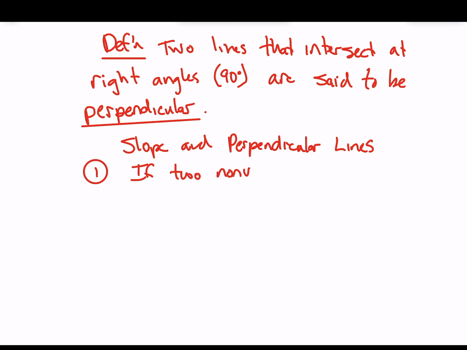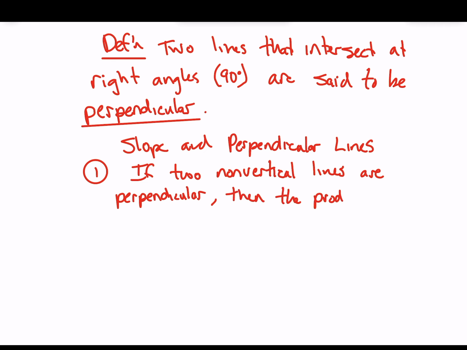If two non-vertical lines are perpendicular, then the product of their slopes is -1.